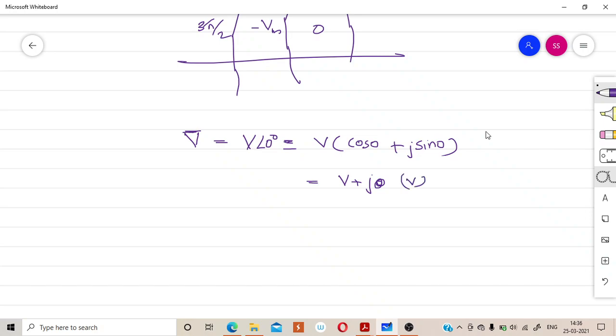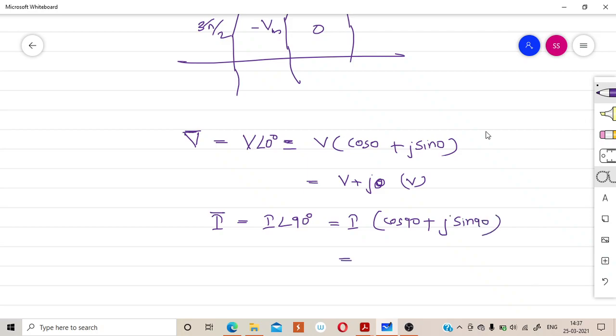Now the current phasor I will be equal to I at an angle pi by 2 or 90 degrees, and when it is converted again to rectangular form, you will get I into cos 90 plus j sin 90.